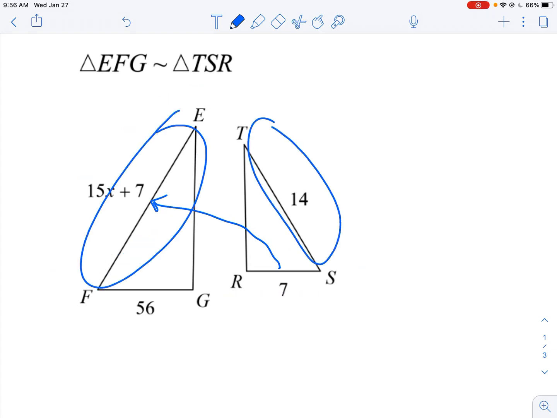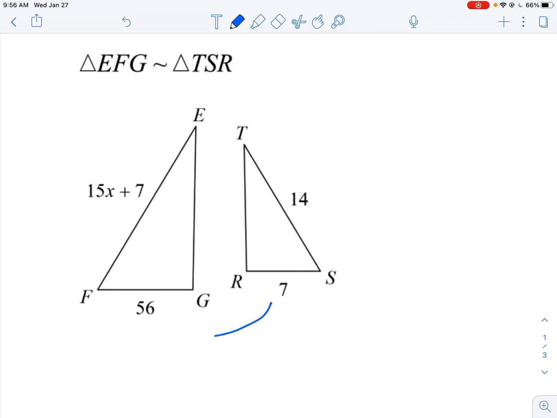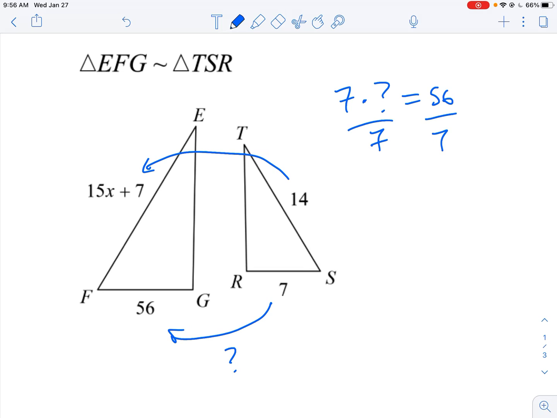These are the pair that match up, and these are the pair that match up. And so you want to go just between sides that match from the dilation. And so we need to figure out what our scale factor is. Okay, 7 times something is going to equal 56. You can divide by your 7 to find out what number that is, which is going to be 8. So I know this is my scale factor. I'm going to write that out, scale factor.